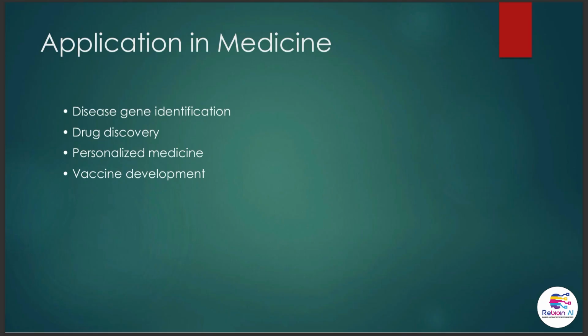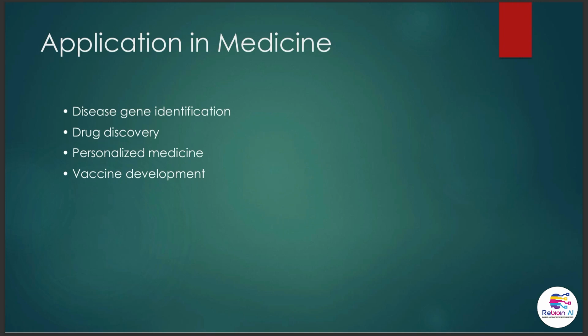First one is disease gene identification. At the core of many diseases, especially chronic and genetic disorders, are changes or mutations in genes. Identifying these genes is crucial for understanding how a disease develops. In past years, finding disease-related genes was a slow and complex process, but now with bioinformatics tools and large biological databases, scientists can compare DNA sequences across individuals, identify the mutations linked to disease, and analyze the gene expression patterns.